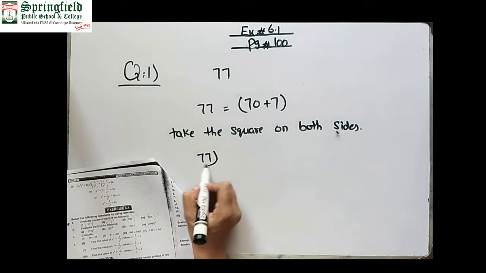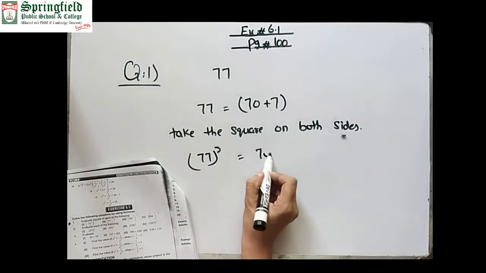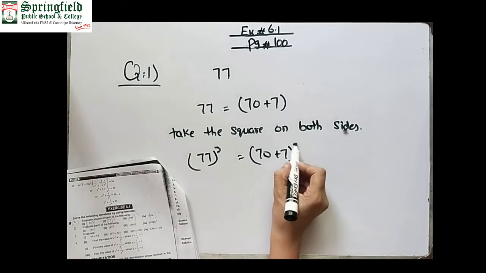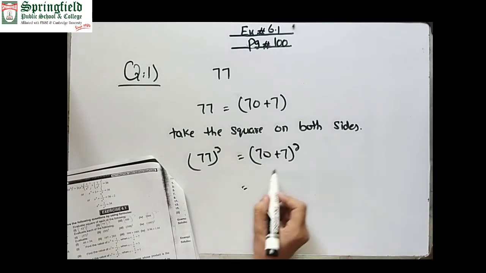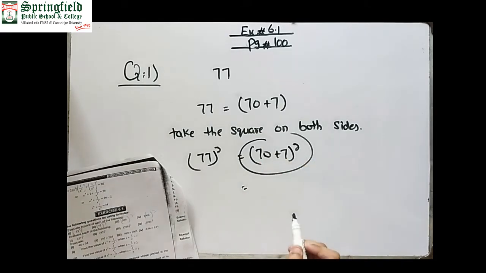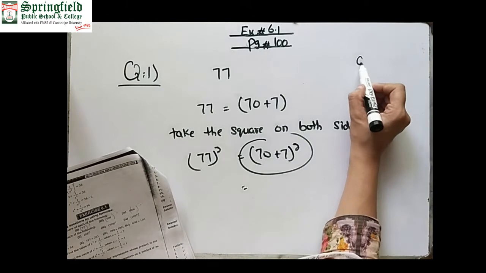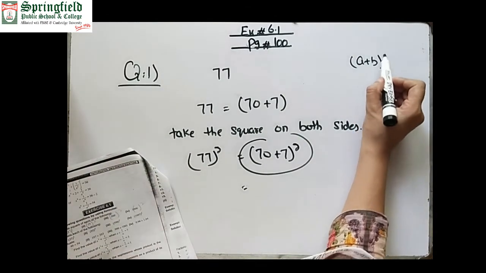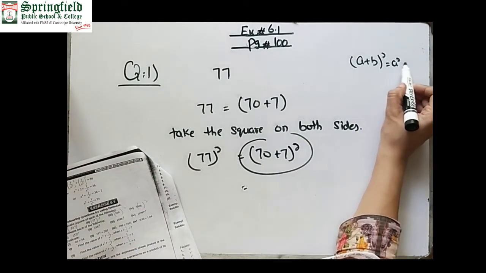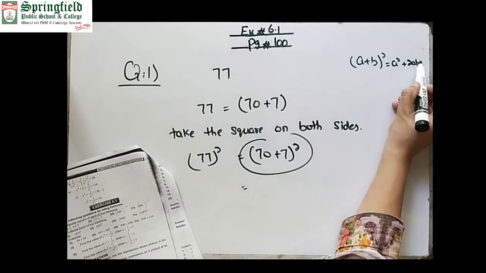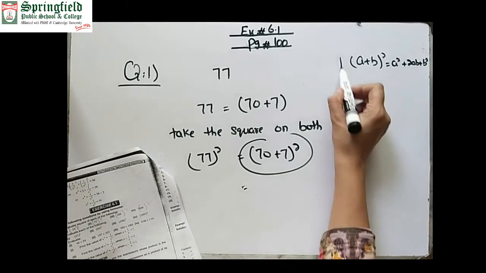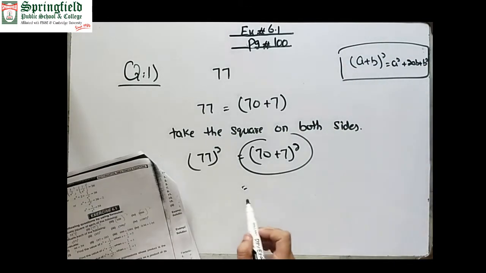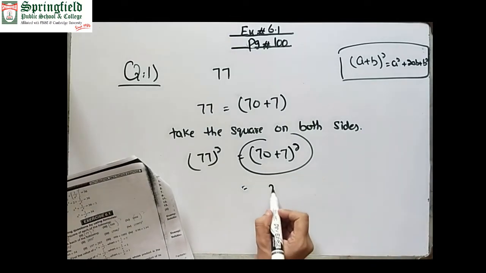So 77 whole square is 70 plus 7 whole square. Now open this 70 plus 7 whole square according to the formula: a plus b whole square is equal to a square plus 2ab plus b square. Now open it according to this formula and find the answer.